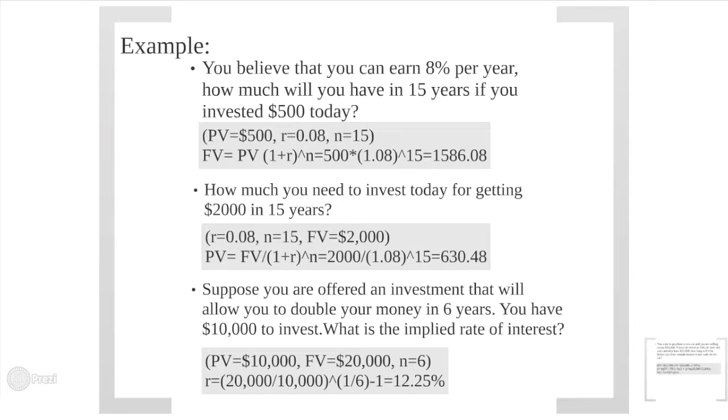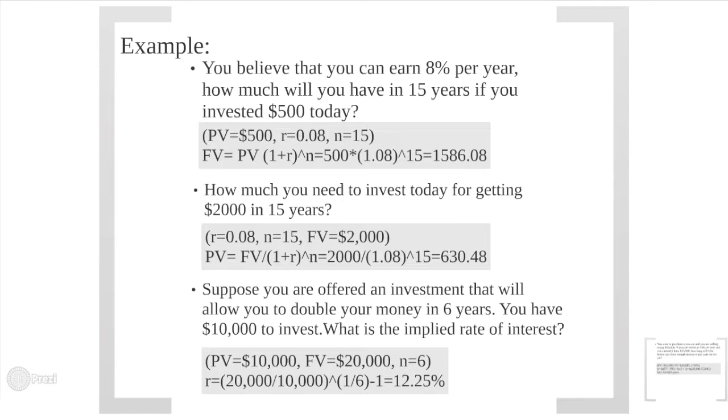So now we have to compute the present value, and present value equals future value divided by 1 plus r to the power of n, which equals 2000 divided by 1.08 to the power of 15. And the answer is 630.48.